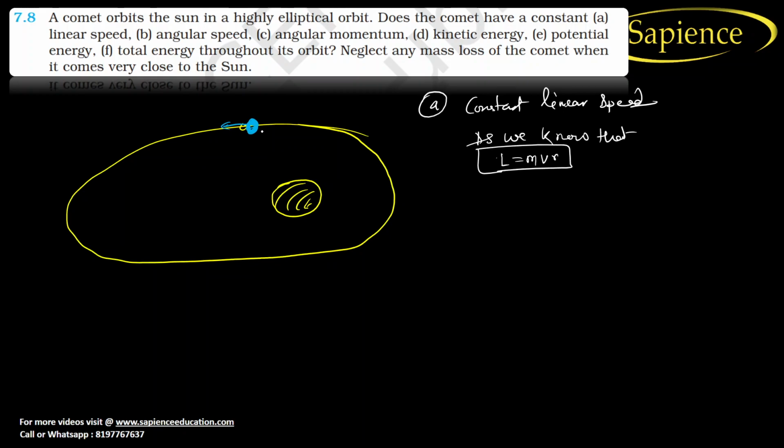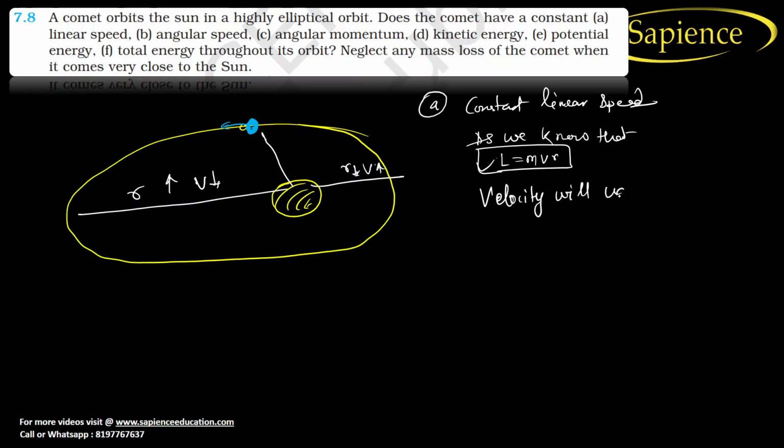So at each and every point you can find that radius is different. So if r will increase, since angular momentum is conserved, velocity has to decrease. Here r is decreasing, so velocity is increasing. It means that our conclusion is that velocity will vary. I hope you have understood now.